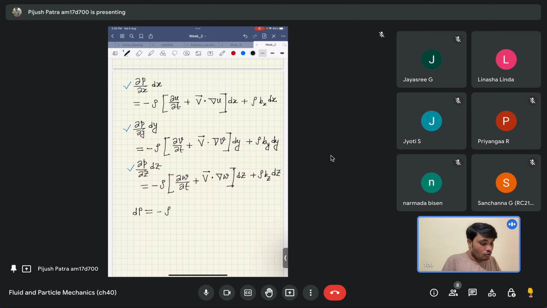It will be minus rho, ∂u/∂t into dx plus ∂v/∂t into dy plus ∂w/∂t into dz. I wrote only the first terms for these three.